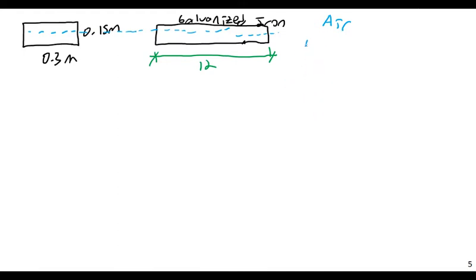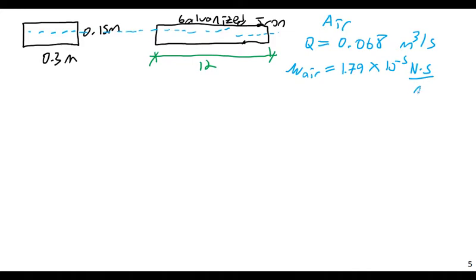Anyway, let's say Q is 0.068 cubic meters per second, and the viscosity of air will be 1.79 times 10 to the negative fifth Newton seconds per square meter, and rho air is equal to 1.23 kilograms per cubic meter.